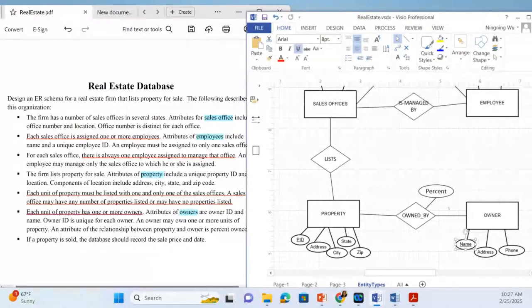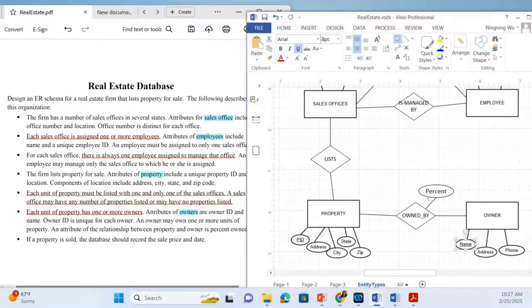For example, if an owner co-owns multiple different properties, then this percent will be assigned to each relationship instance, describing each individual property that owner owns. So that's very flexible.